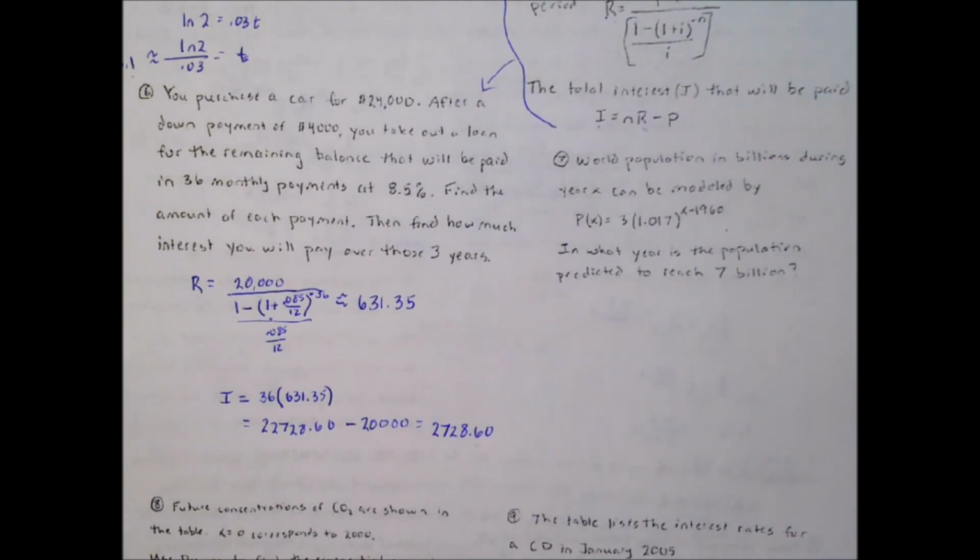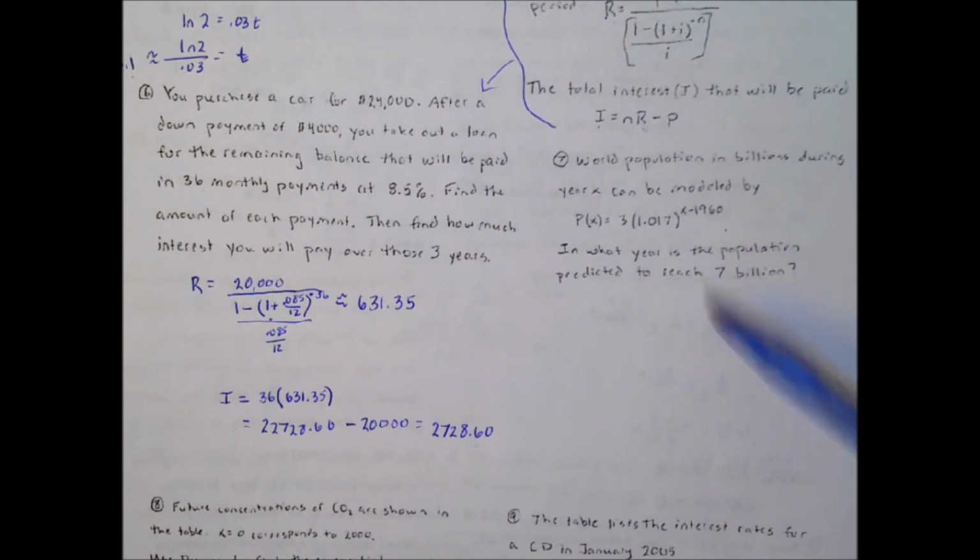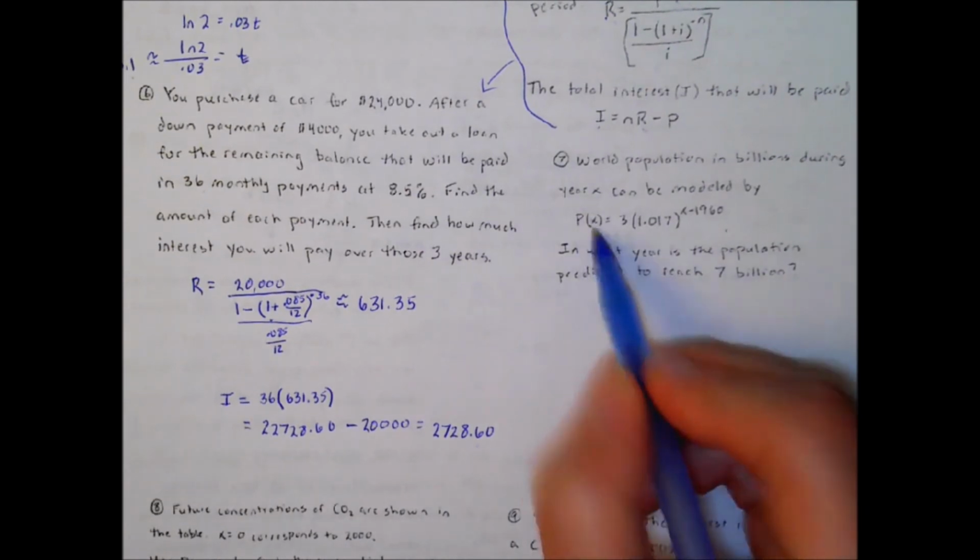Number 7, world population in billions of people during year X, so a certain year, can be modeled by this equation. What is the population predicted to reach? When is it expected to reach 7 billion? So we want our population to be 7 billion.